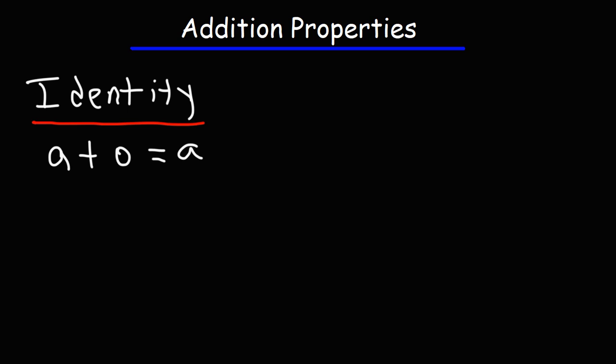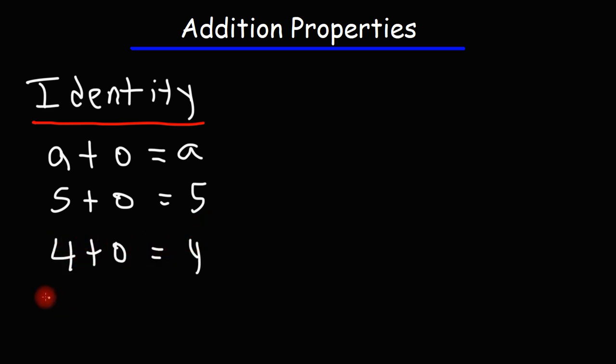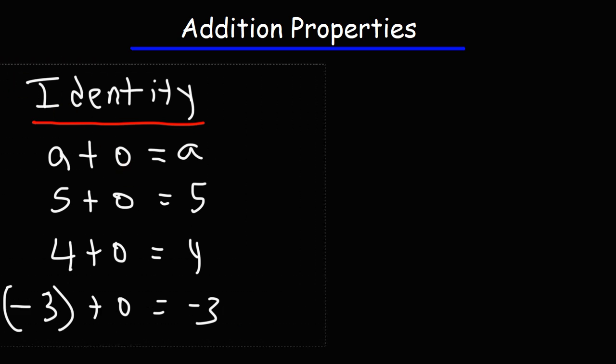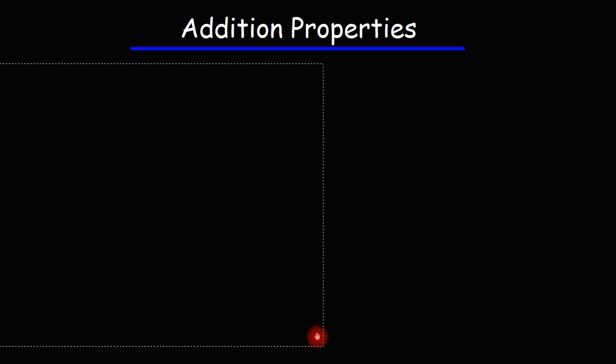Adding 0 to a number doesn't change the value of that number. The value remains the same. So if we add 0 to 5, we're going to get 5. If we add 0 to 4, we're going to get 4. If we add 0 to a negative number, like negative 3, we're still going to get negative 3. So that's the identity property of addition. A plus 0 is equal to A.